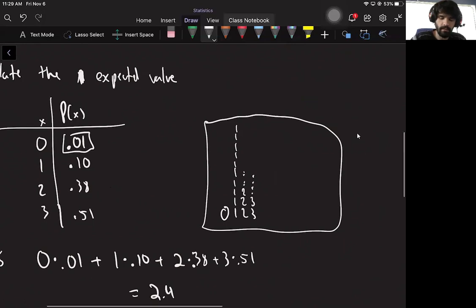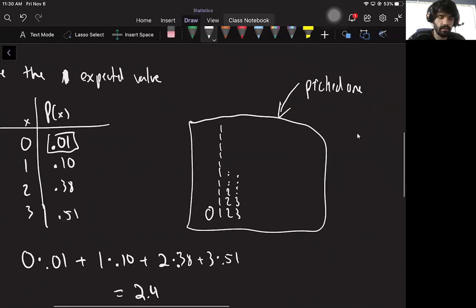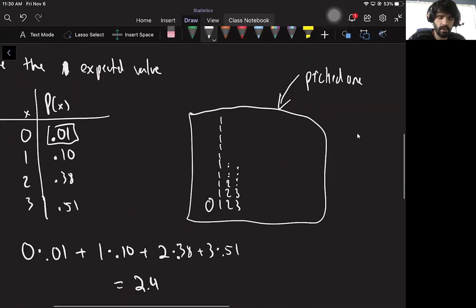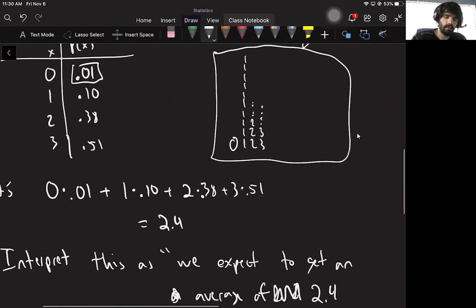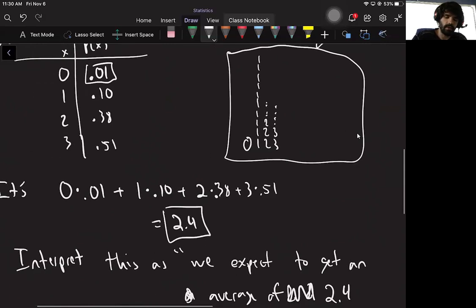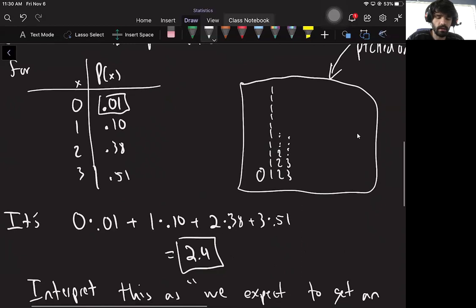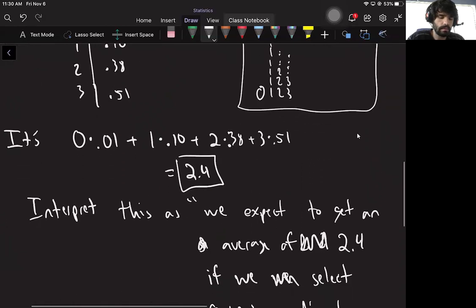If I mixed them all up and randomly picked one, then put the number back in and repeated the experiment a bunch of times, then calculated the average of all the numbers I picked, we would expect it to be around 2.4. Of course, it doesn't have to be, but most likely it will be near 2.4, and the more we do it, the more likely it is that it'll be near 2.4.